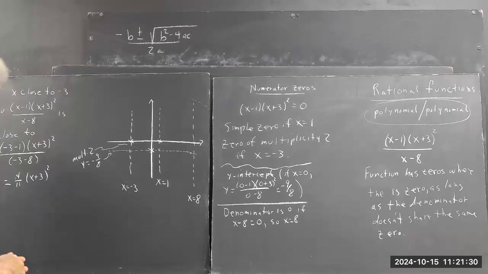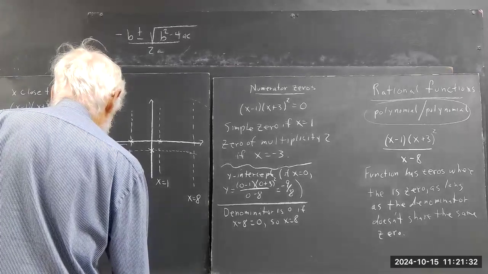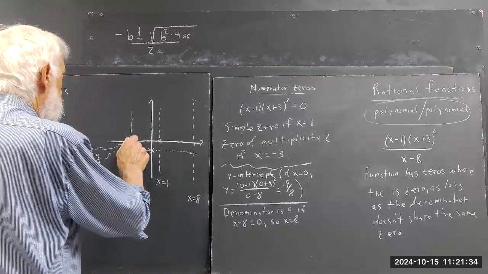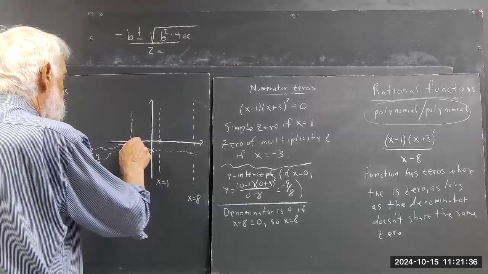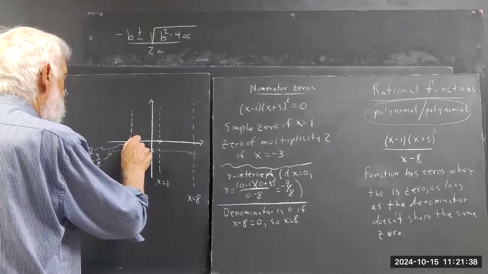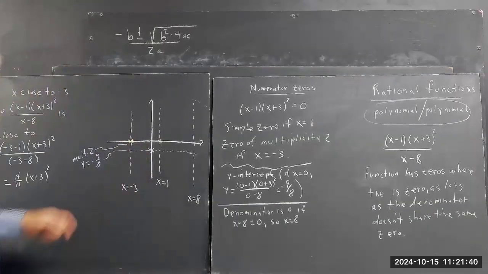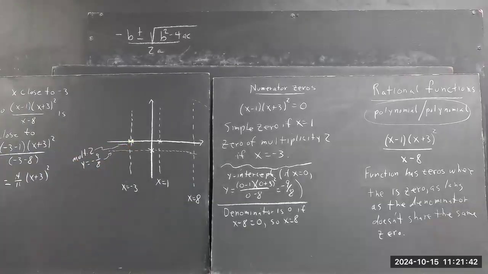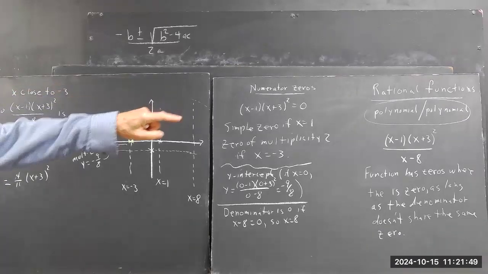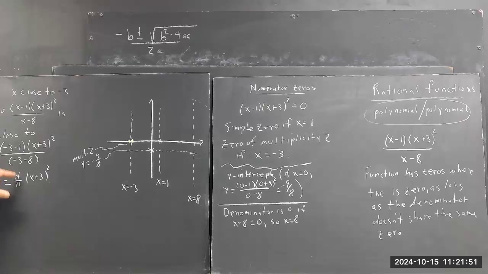Now, between, let's say, here and here on this short interval, x stays close to -3. So that the value of the quadratic function stays close to 4/11 of x plus 3 squared.